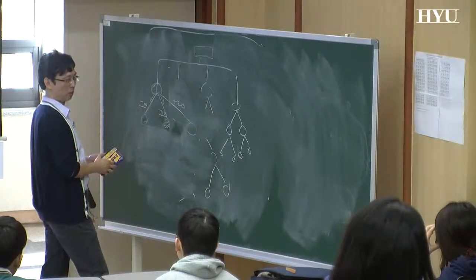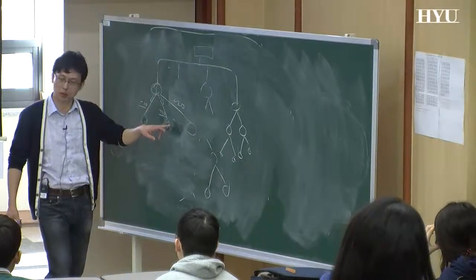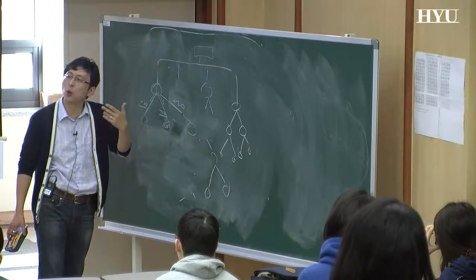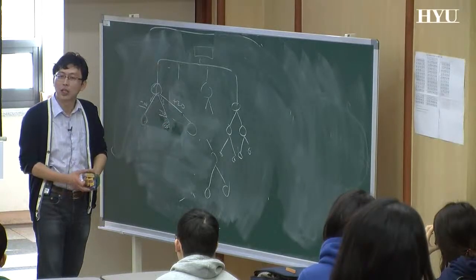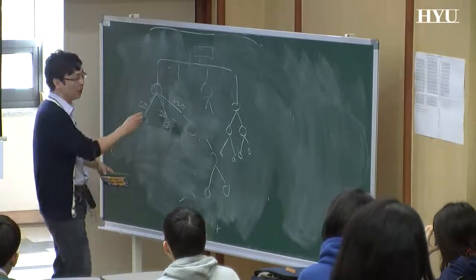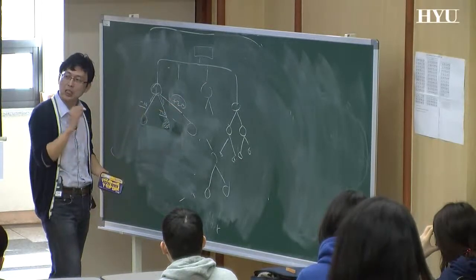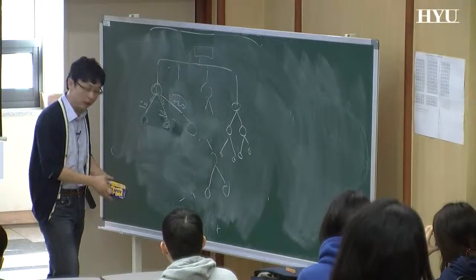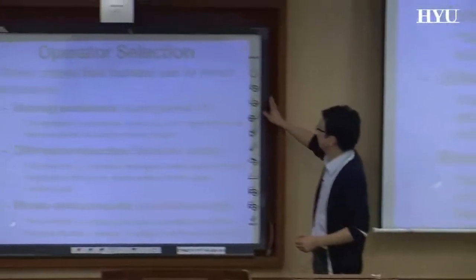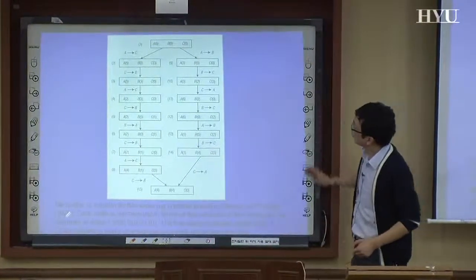This one is not a good example. In this case, which one do you want to choose? The 20, because that is close to your goal state. Your goal state means the maximum profit. If your goal is maximum profit, we choose this one rather than these two, because it is close to the goal state, right? So I will give an example here, like difference reduction, hill climbing, this way.